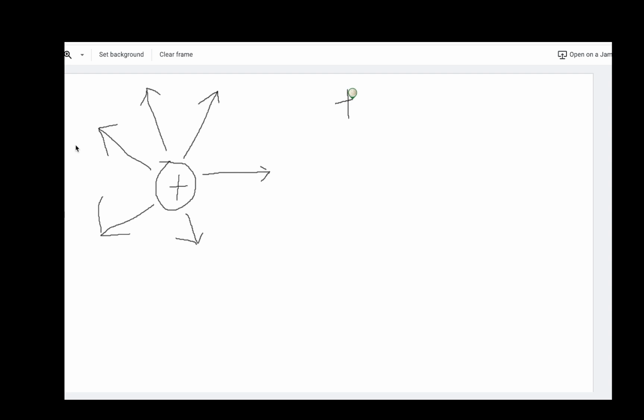A test charge is massless and doesn't really affect anything, but it's positive, and two positives would repel each other, right? So say there's a test charge right here. That test charge would go away from this proton. Since it would go away from it, the field line points out.